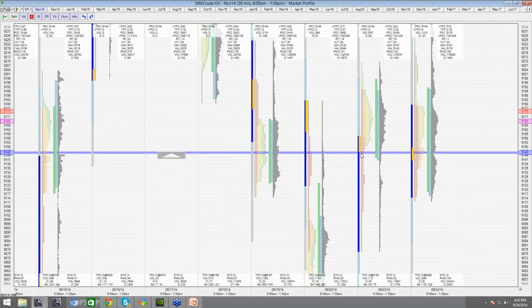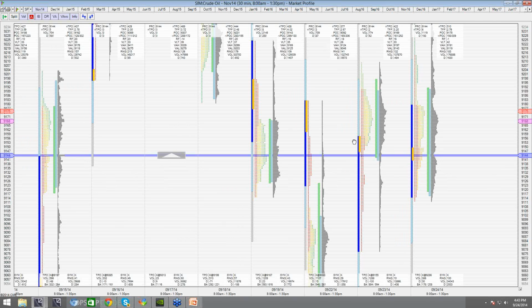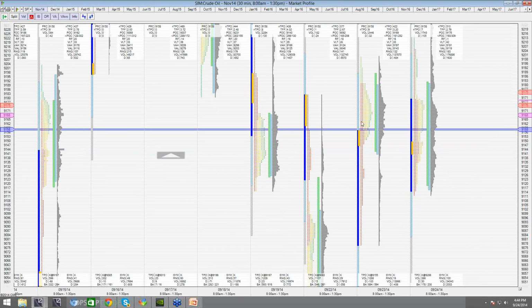If I see confidence in the market in a particular direction, as soon as we leave the opening range, I trade in that direction. This was not the most confident opening that I've seen. As a matter of fact, I would call it really kind of a lack of confidence.